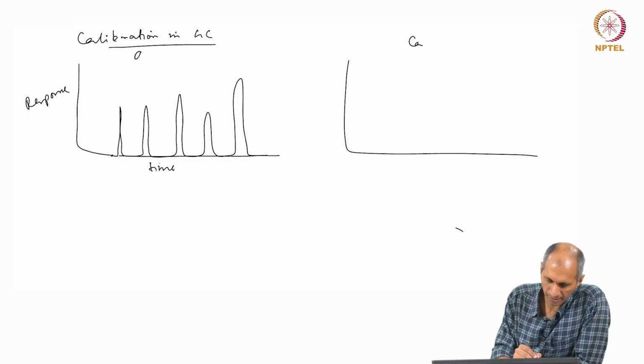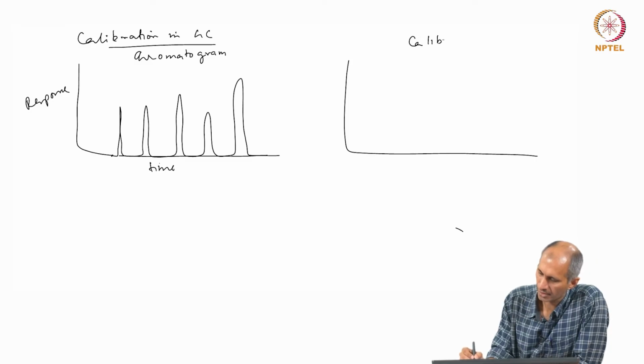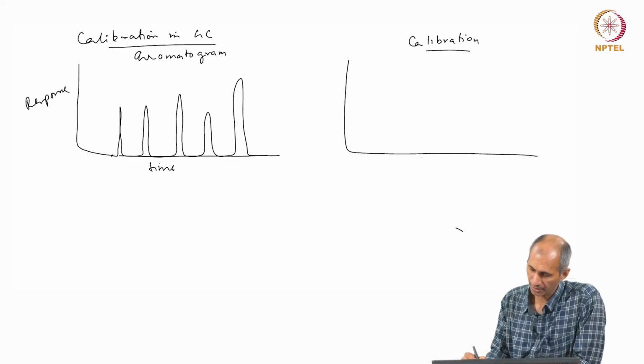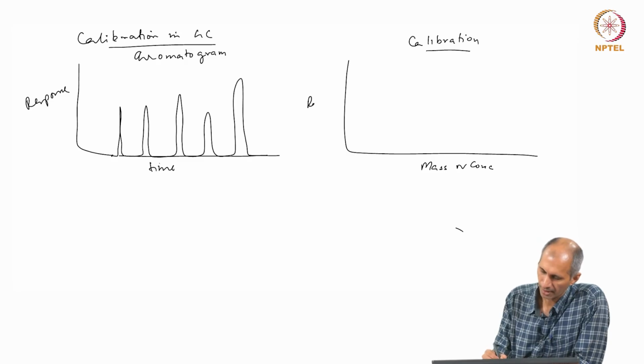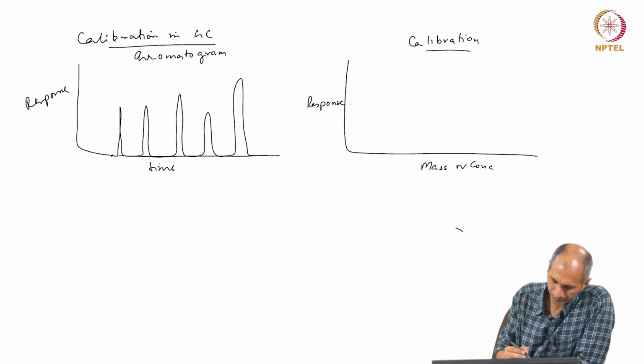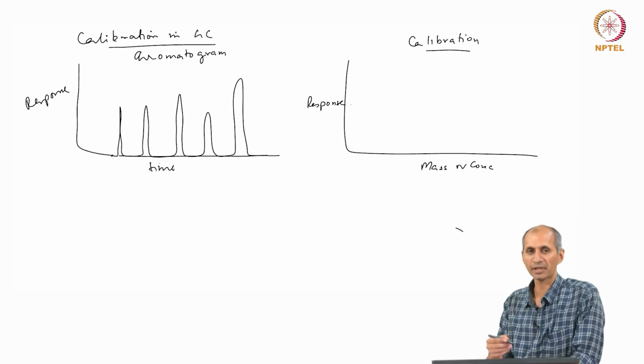This is a chromatogram, and this is a calibration. In the calibration, I will have mass or concentration versus some response. So, how do I get the calibration information?